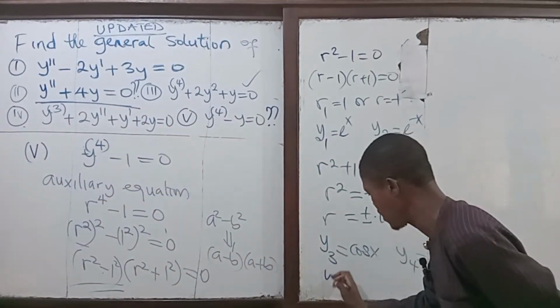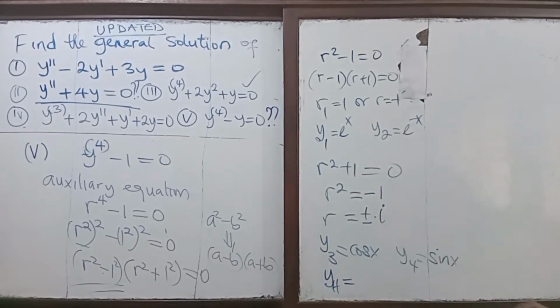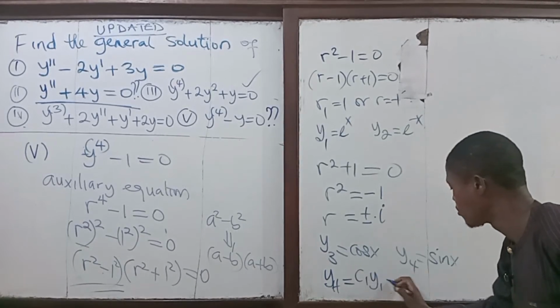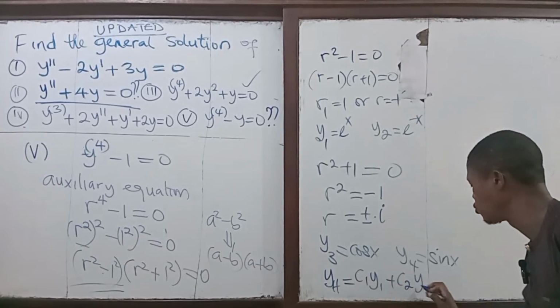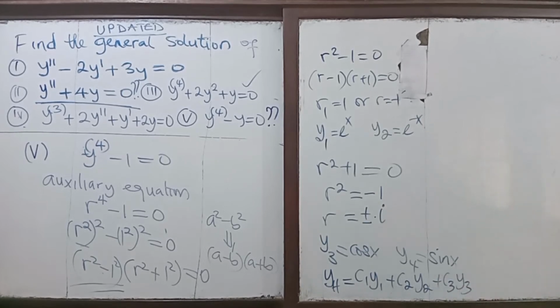The final conclusion will be c1 times y1 plus c2 times y2 plus c3 times y3, and then the fourth one, we have 4 solutions, plus c4 times y4.